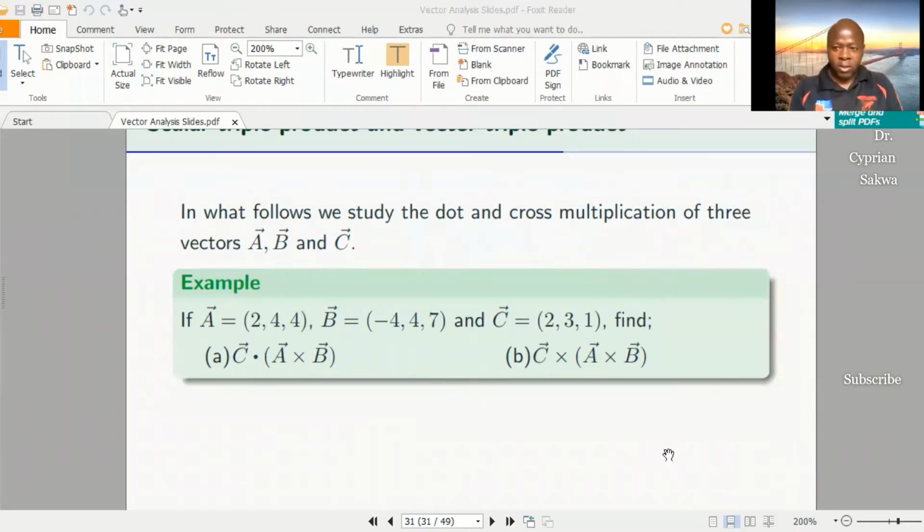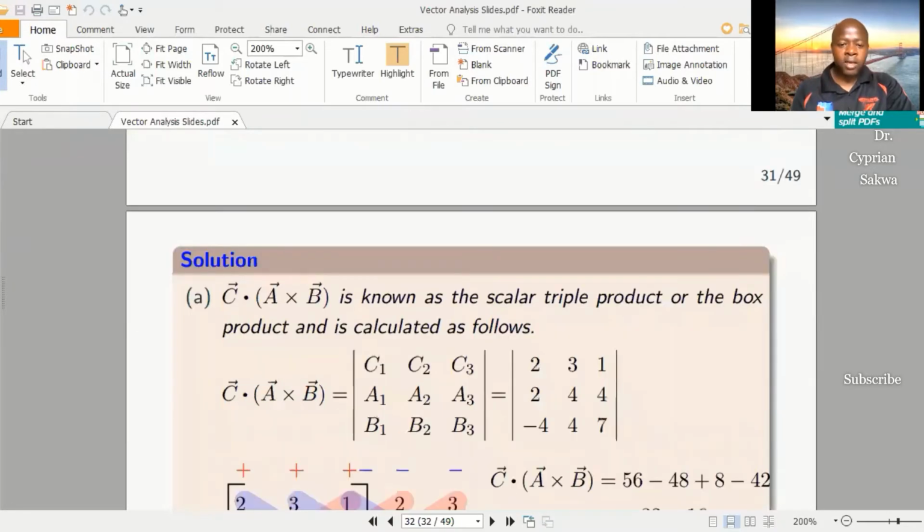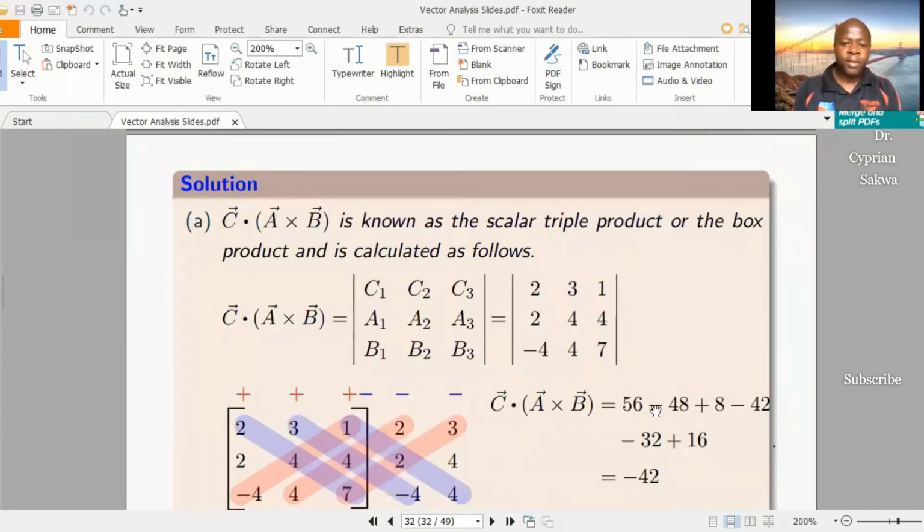So let's go straight to the solutions. I began by defining them. C dot A cross B is the scalar triple product, or some books call it the box product.